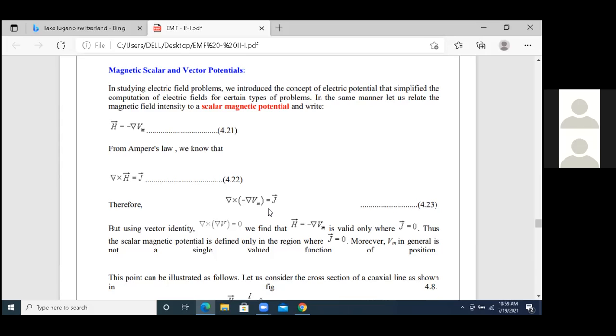So we have this. Use the vector identity.